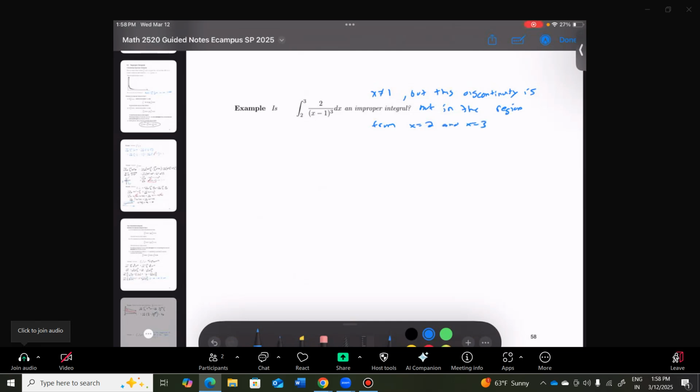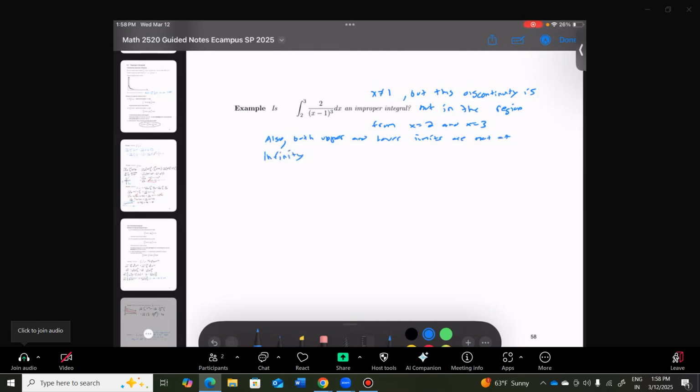Okay, also, both upper and lower limits are not at infinity.